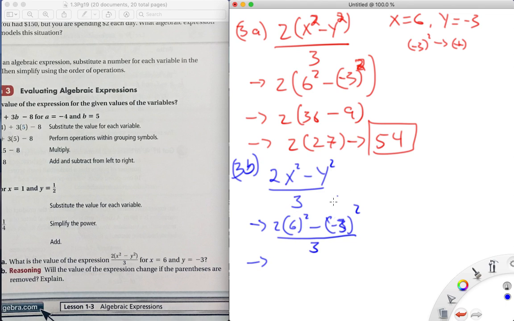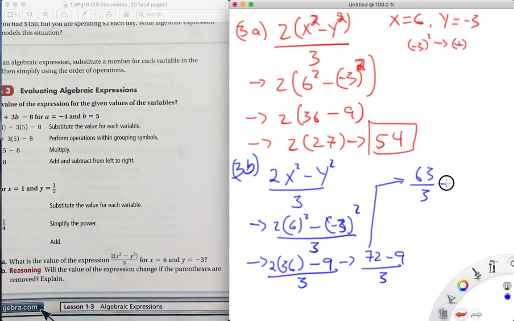There is no parentheses, so okay. It's going to be 2 times 36 minus 9 over 3. Running out of space. That gives me 2 times 36, which is 72, minus 9 over 3. 72 minus 9 equals 63.